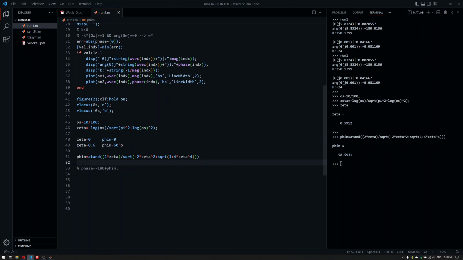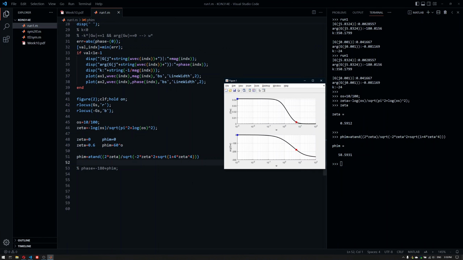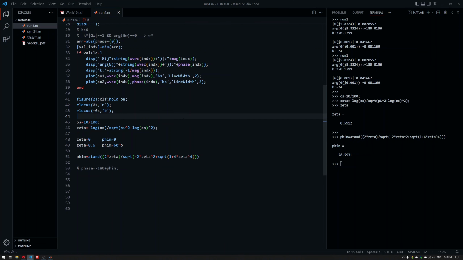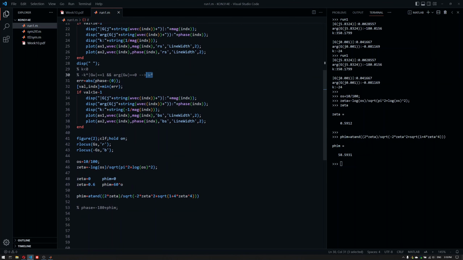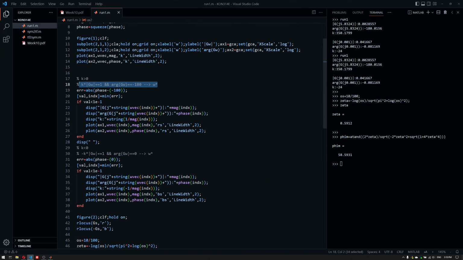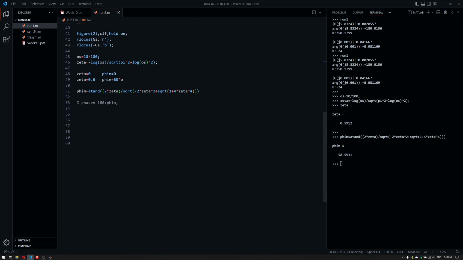Now, what we're trying to do is alter the system, change the system in such a way that the gain at the distance we are interested in is going to be 1. The multiplication is going to be 1. So basically, we pick this one here, assuming that we are interested in the positive one.